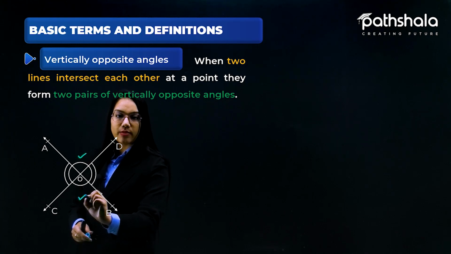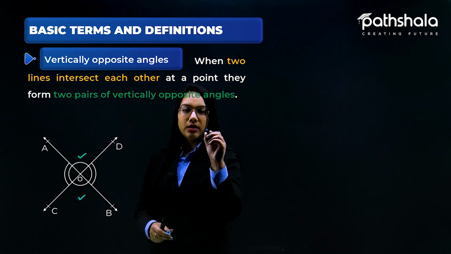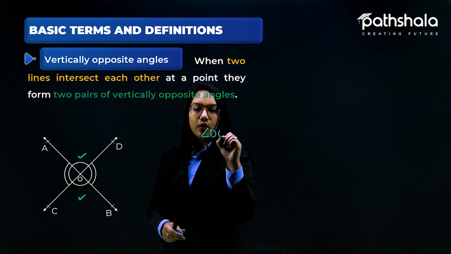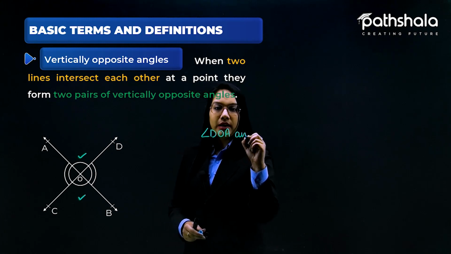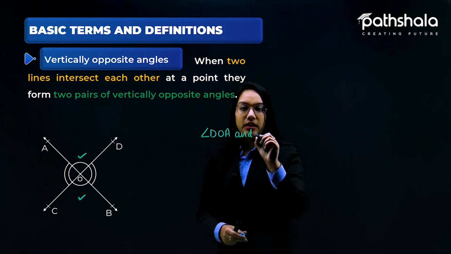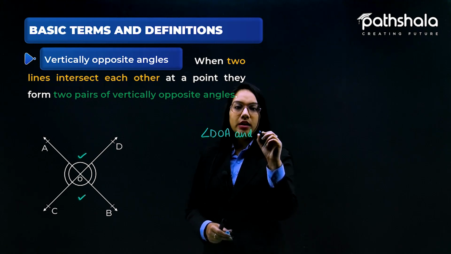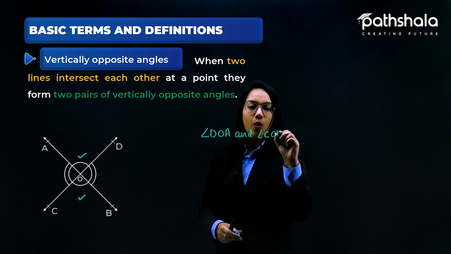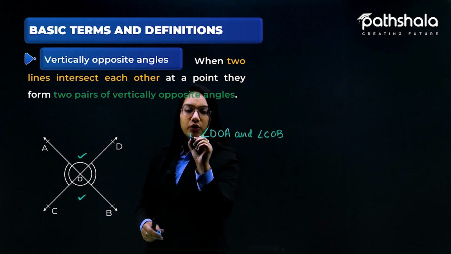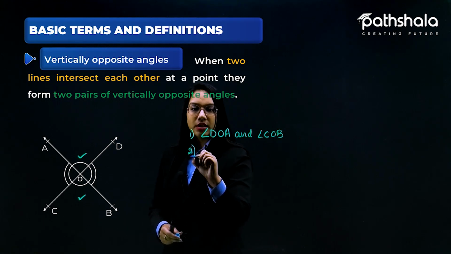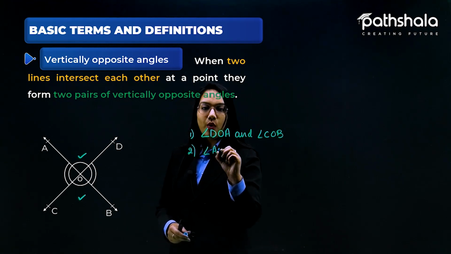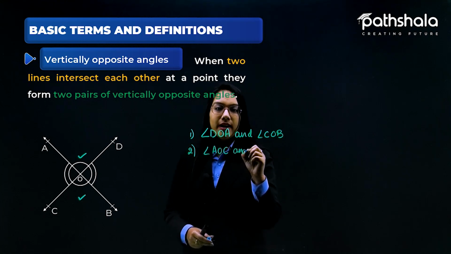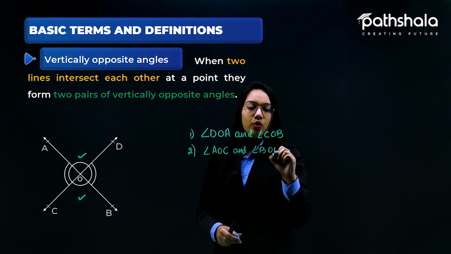So let us suppose I'm talking about the angle DOA and the angle COB. This is the very first pair, and the second pair is the angle AOC and the angle BOD.